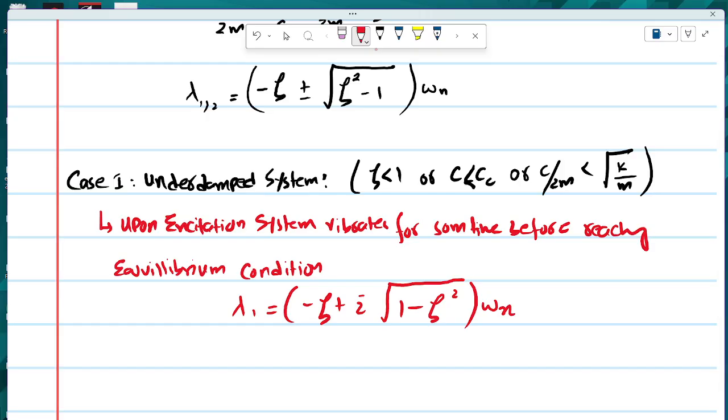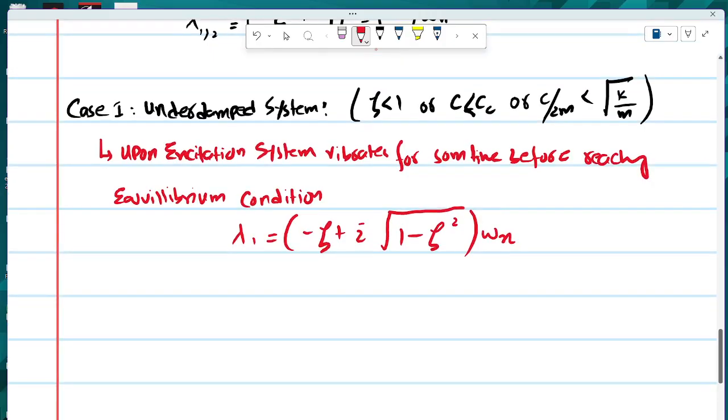I have explained the fundamentals, so it won't be difficult to follow, but I will try to explain the physical meaning behind all of these equations so that you can live this subject and understand what's going on behind them. The same is the case for lambda 2: it becomes minus damping ratio minus iota, square root of 1 minus damping ratio square, into omega n. That's the other root, and you can substitute it in your equation and solve it.